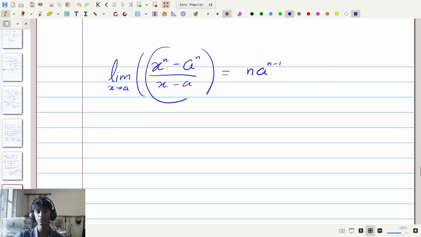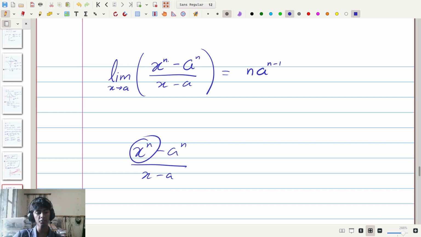Next thing we can do is try to divide this polynomial inside. So to do this, we have to consider x to the power of n minus a to the power of n divided by x minus a. Recall in polynomial division, what we want to do is eliminate the highest power term with our denominator here. So what do we have to multiply x minus a by in order to get an x to the power of n? Well, we need to multiply it by an x to the power of n minus 1.